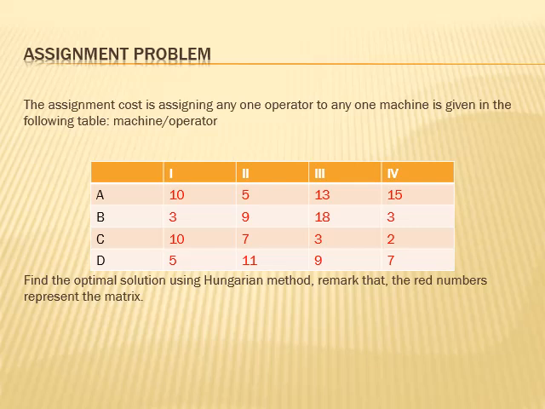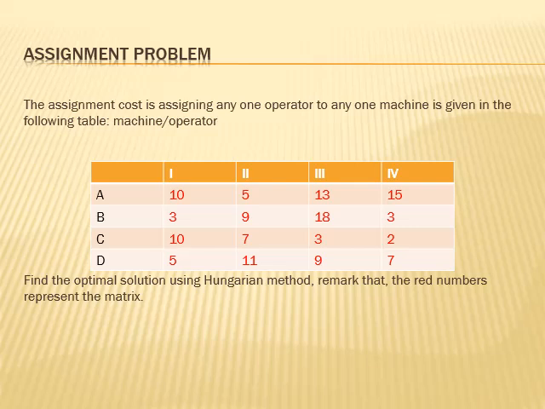Now, the matrix consists of 4 machines against 4 operators. Each machine should be assigned to one operator. The condition is satisfied: 4 machines and 4 operators.